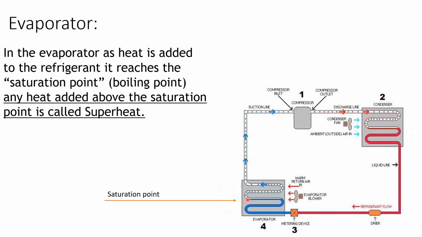As it changes the state, it hits the saturation point, which is the point of no return, where it starts turning fully into a vapor. Once we get to the full vapor, about right here in our evaporator coil, it will actually start absorbing more heat. And any heat added above the saturation point in the evaporator is considered superheat.